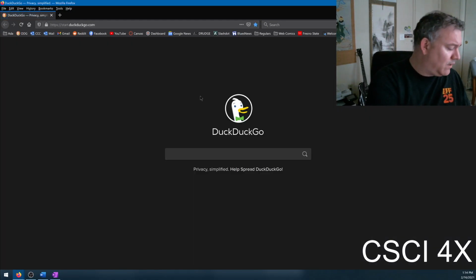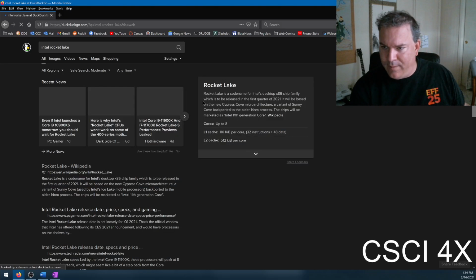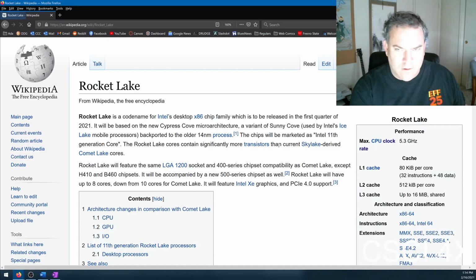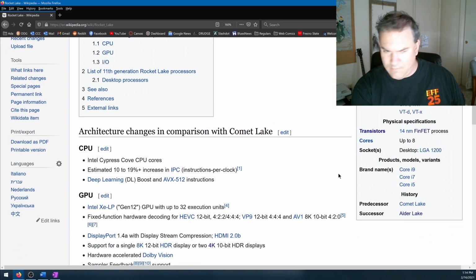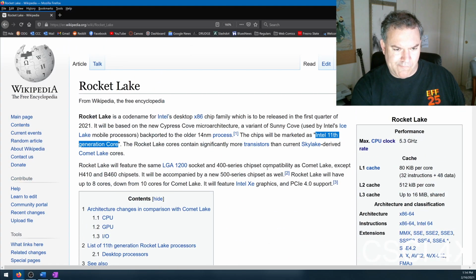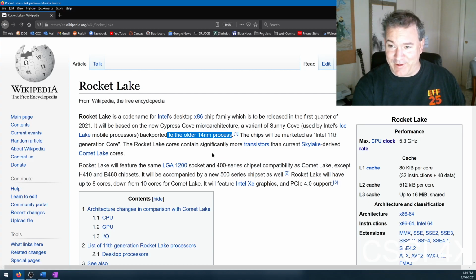What is it? Rocket Lake. They have code names for each of their generations. Yeah, so 11th generation Core. It's coming out soon. Okay. 14 nanometers. Poor Intel.